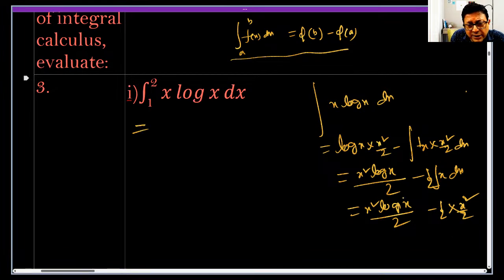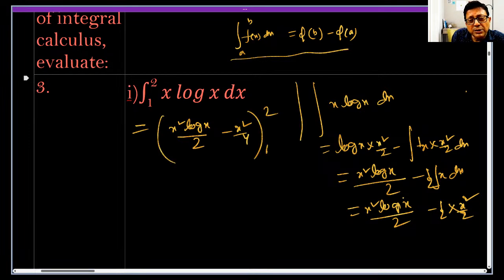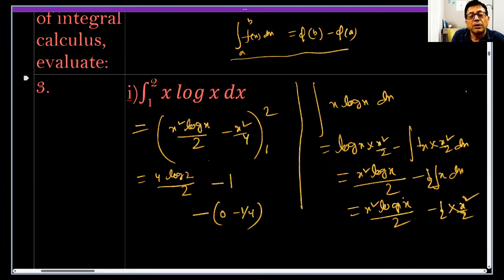Now you will be putting the limits in phi(x): x square log x by 2, and then put the value of x equal to 4, that is 4 log 2 by 2, this minus, put x equal to 1, this is 0, minus 1/4.